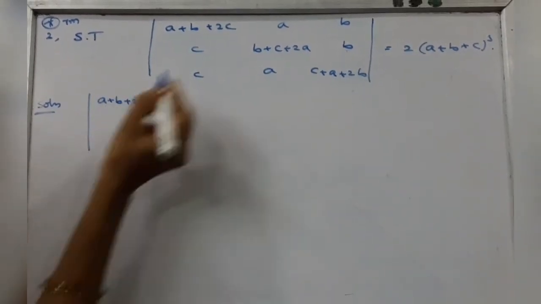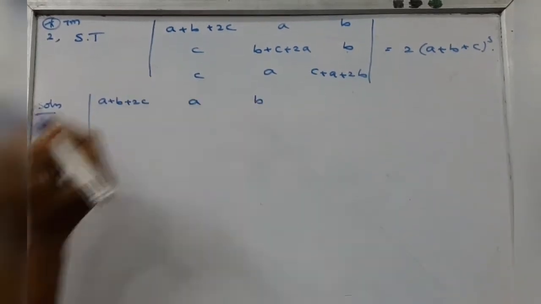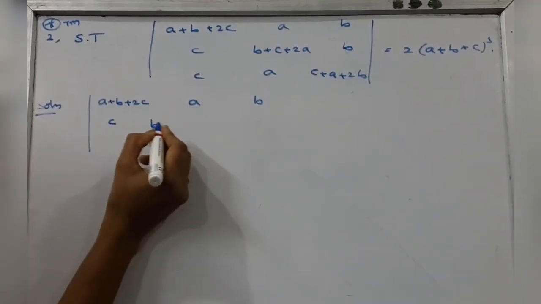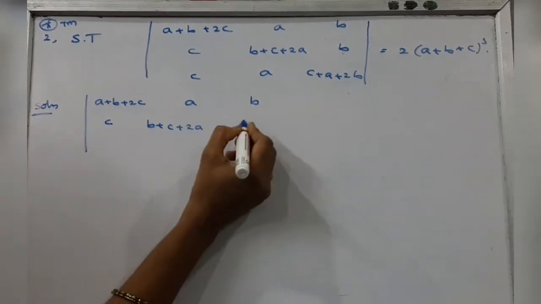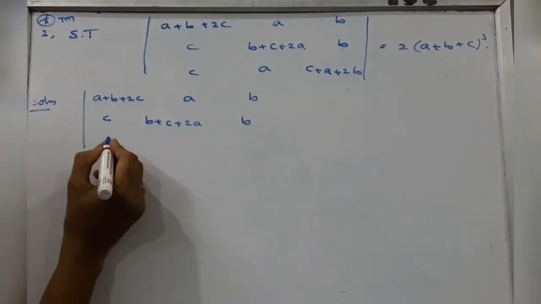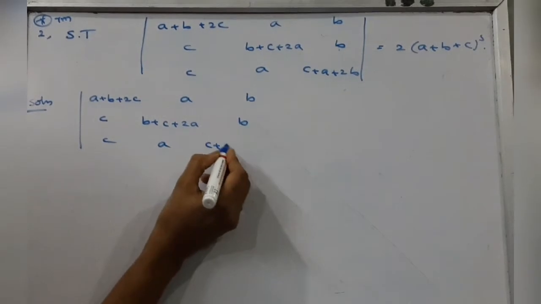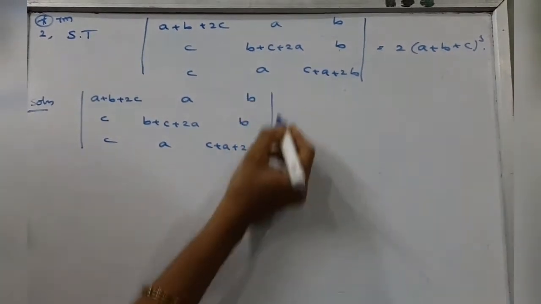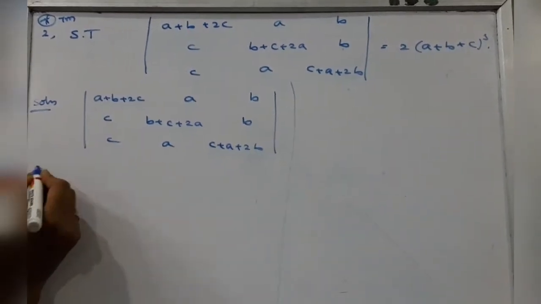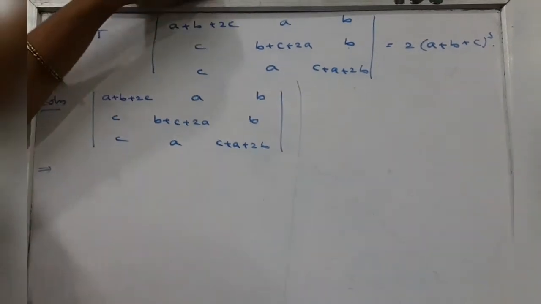a plus b plus 2c, a, b; c, b plus c plus 2a, b; c, a, c plus a plus 2b.